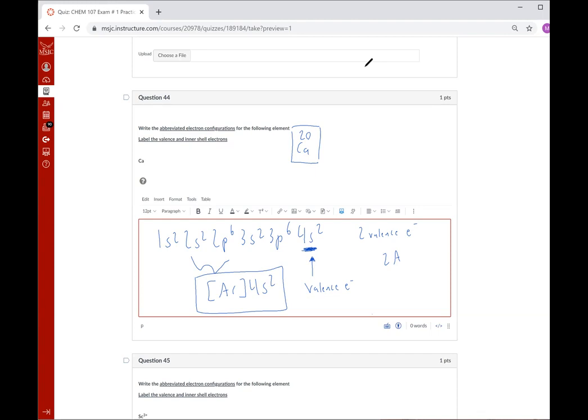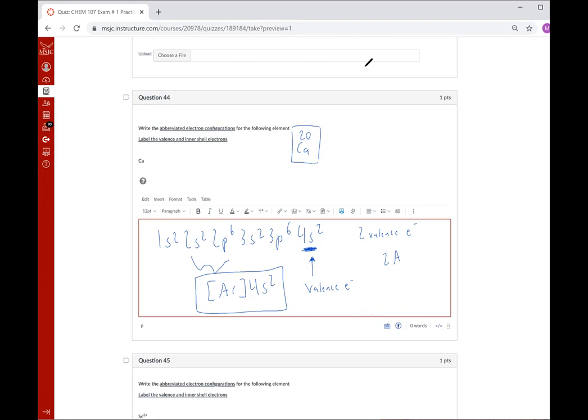So even though the 3d electrons are higher in energy than the 4s electrons, they're not considered valence since the 3d electrons are held closer to the nucleus. Okay, thank you. What are the inner shell electrons? Those are the electrons that are held closer to the nucleus compared to the valence electrons. Anything that's not valence electrons is considered inner shell electrons, as they're less accessible.